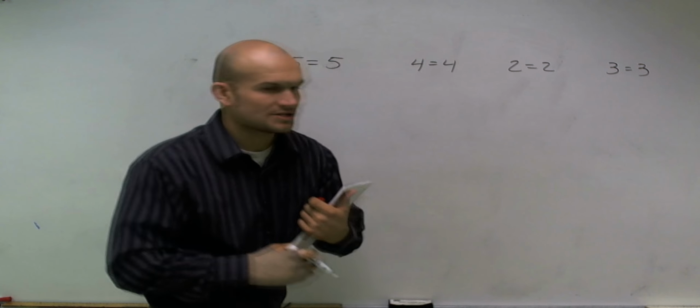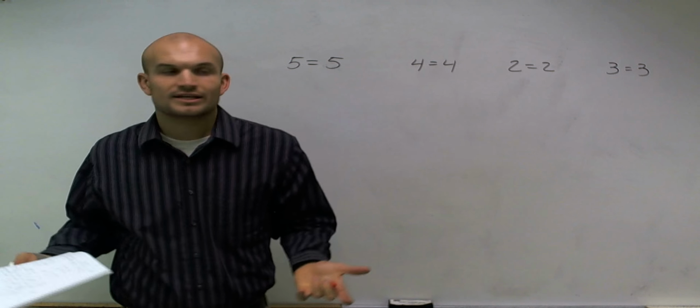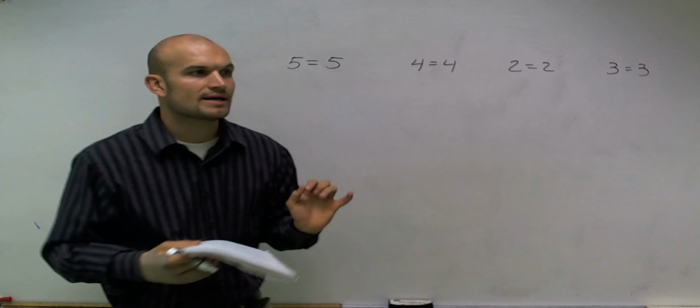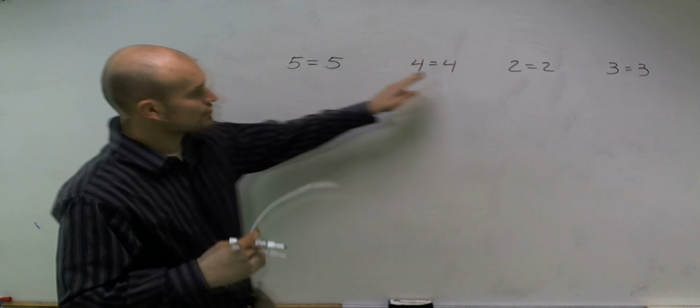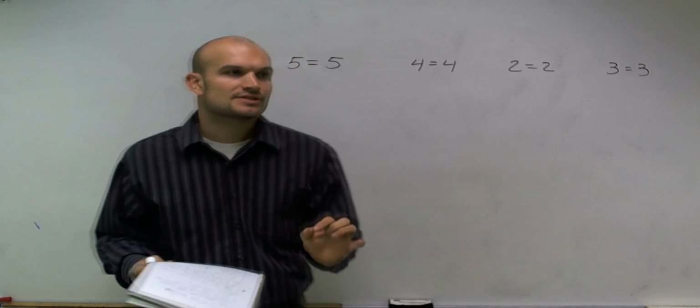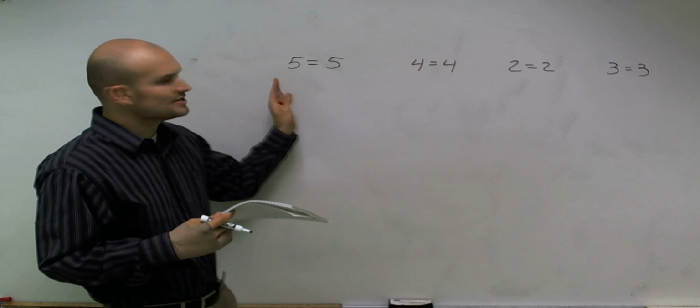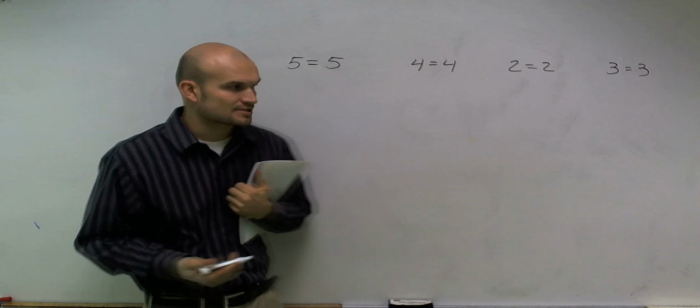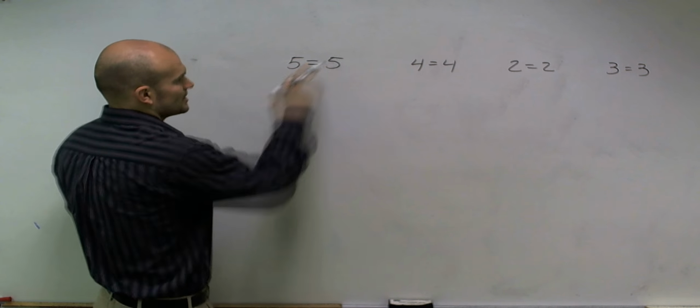Now, there's a couple things I want you to understand, which we call equivalent equations, and what that means are also the properties of equality. When you have an equation, these are all true equations, correct? Well, the special thing that helps us with equations is that if I do the same thing to the left and right side, I'm still going to have equivalent equations. Let's take the number 5.